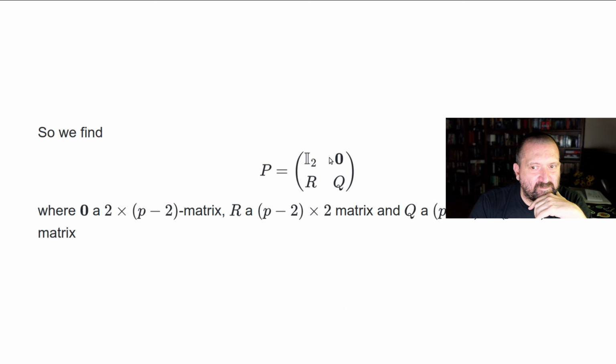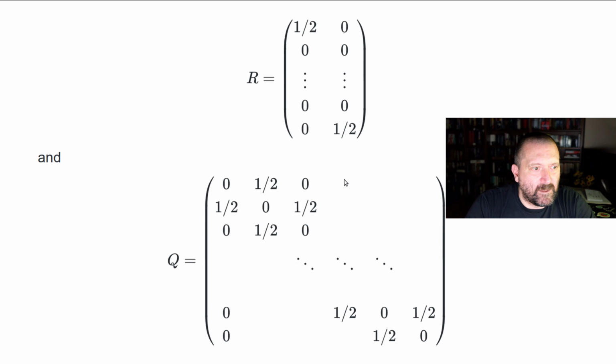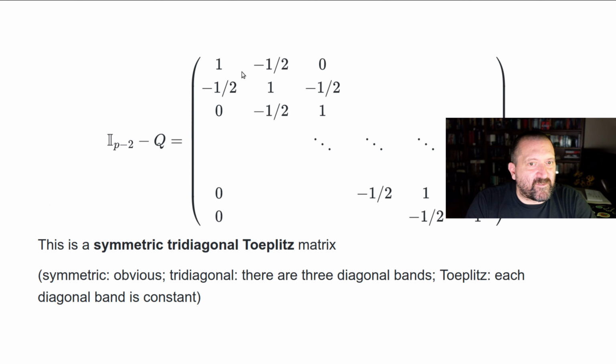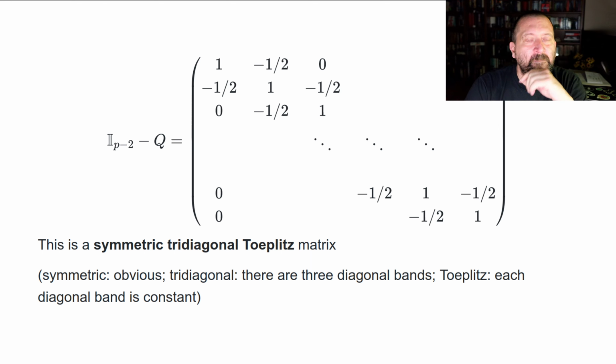So this is what I'm writing here. I get an identity 2, my matrix R and my matrix Q. That's it. So I minus Q inverse, and I have detailed in the following few slides how you could invert this matrix.